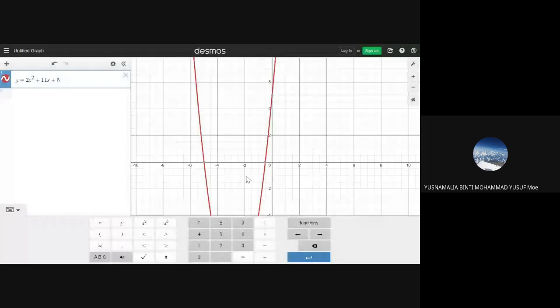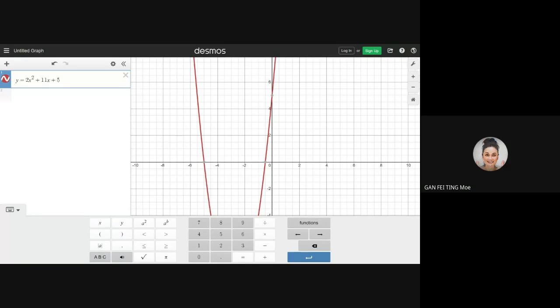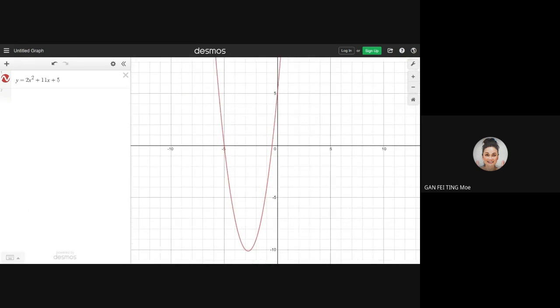Puan Gan, suara Puan Gan hilang. Tak ada suara, Puan Gan mute. Okay, sorry. I klik benda yang salah. I nak klik kat kamera. Okay, because I terkeluar. Okay, sorry.